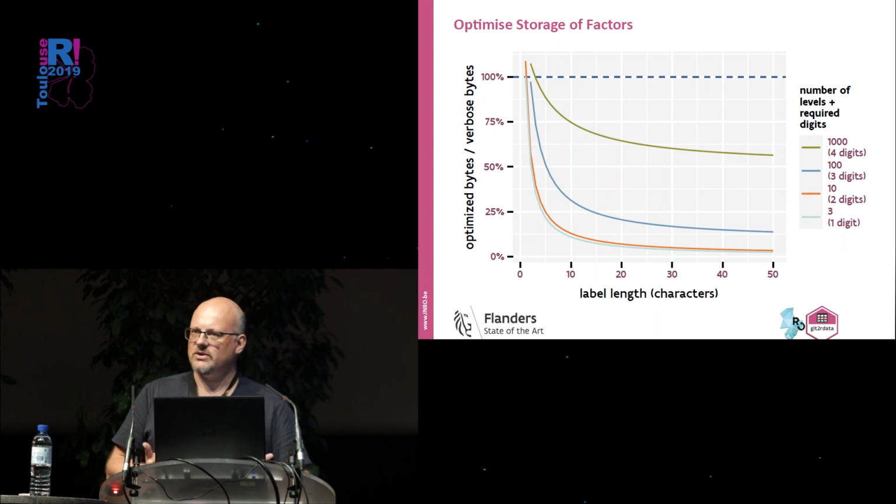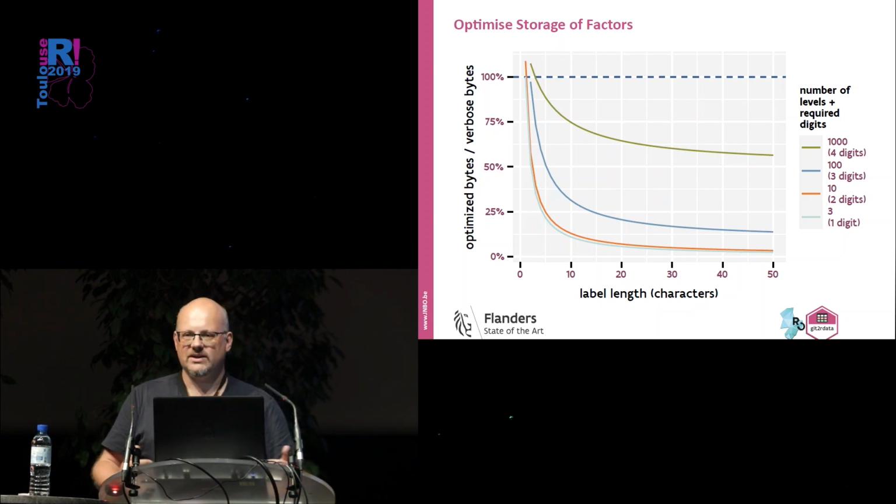The verbose option stores factors as their label, which makes it human readable, whereas the optimized version stores their index number, which is much more compact, especially if you have quite long characters and a few levels. But even if you have like 1,000 levels, it will probably still be more compact than storing them verbose.